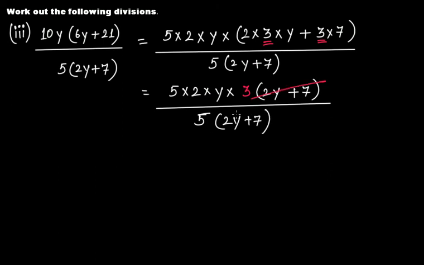So this 2y plus 7 and this 2y plus 7 get cancelled because both are the same factors, and this 5 and this 5 get cancelled. So you have 2 multiplied by y multiplied by 3, which is 6y. So this is your answer.